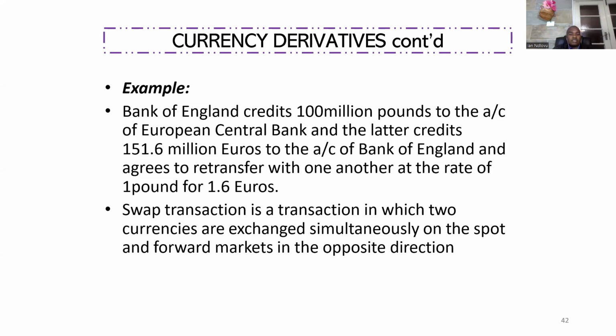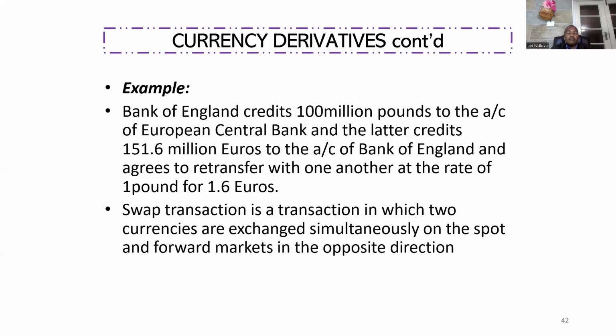That's a swap transaction. So in the scenario given in the first bullet, the forward arrow is a situation where the Bank of England is crediting 100 million pounds to the account of the ECB.